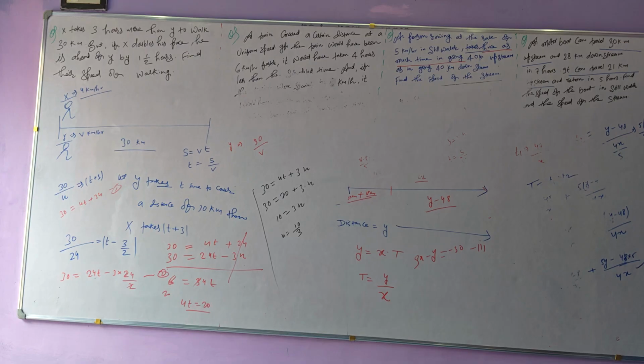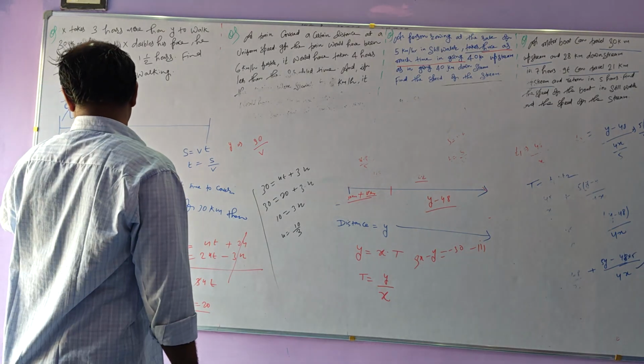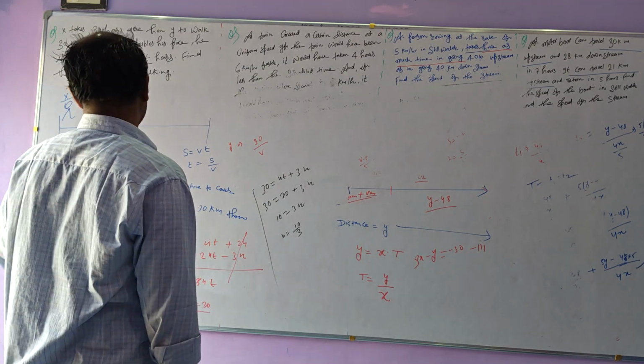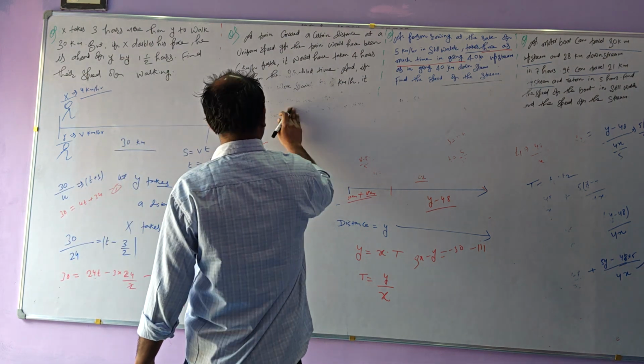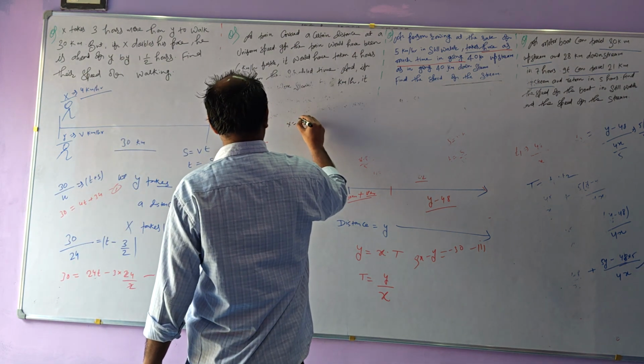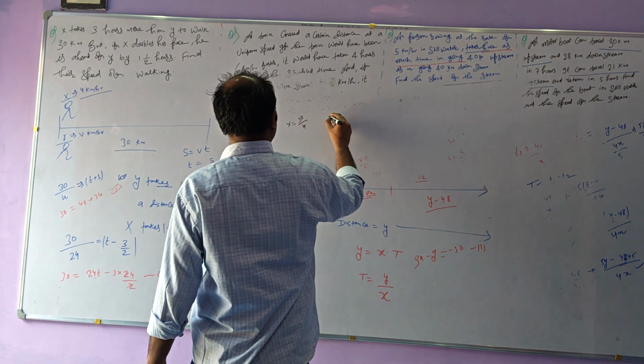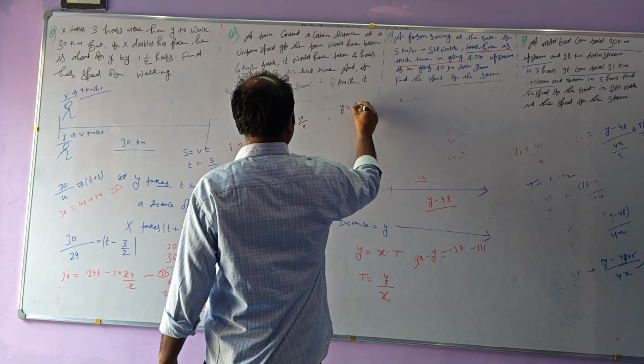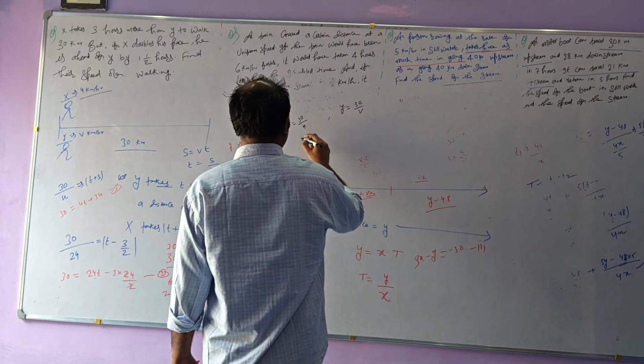Y is equal to 30 upon v, and x is equal to 30 upon u.